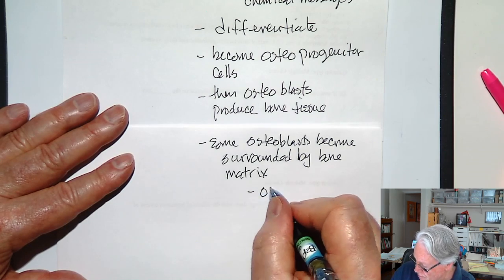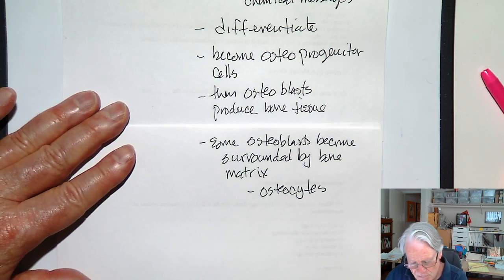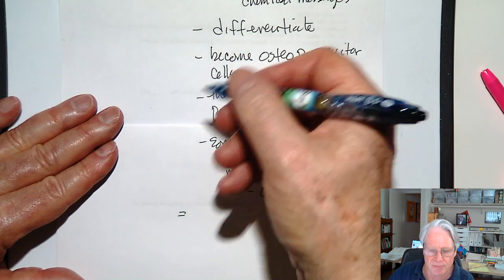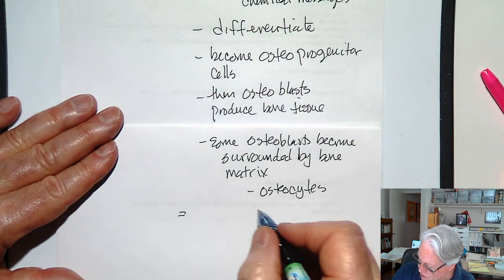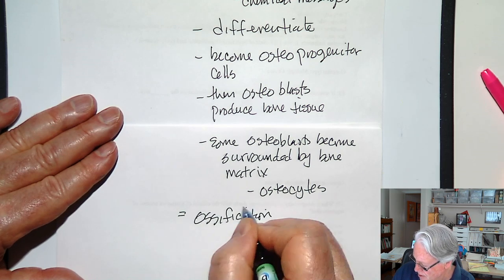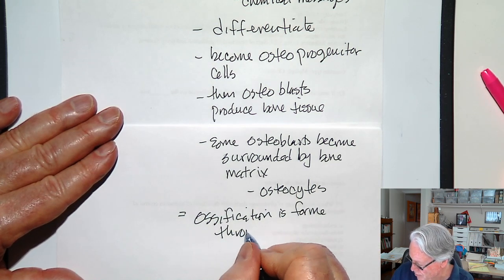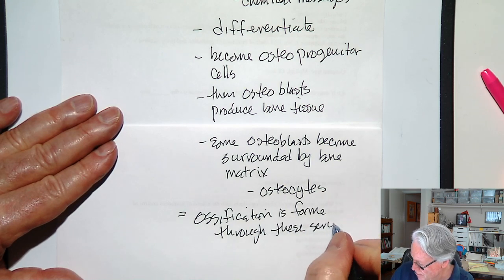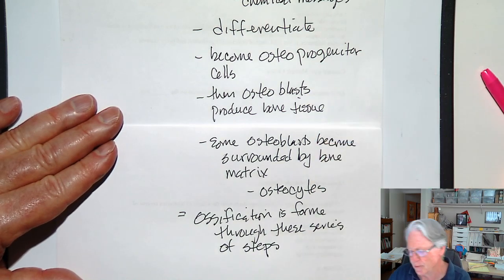And thus become osteocytes. Okay. And then as these series of steps occur, what we're producing is the ossification center, formed through these series of steps just described. Okay.